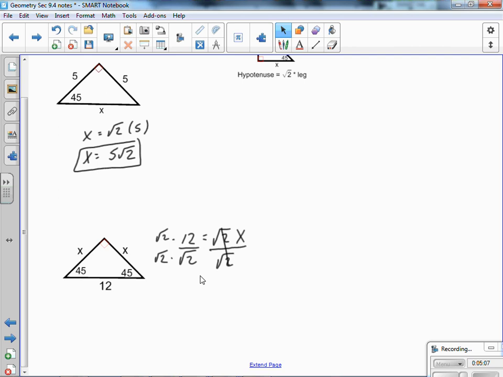So that's going to give me 12 square roots of 2 over, take the square root of 2 times the square root of 2, just gets rid of the square root and gives me 2.